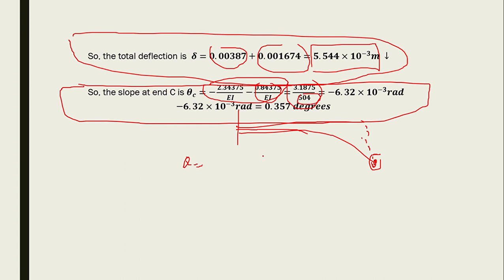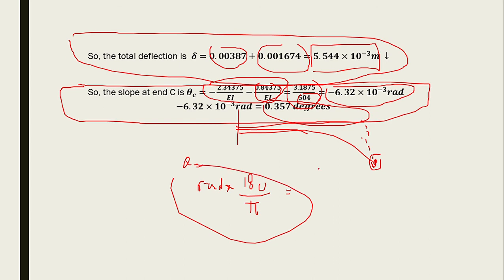So the total deflection is this, minus 6.32 times 10 to the power of minus 3, or if we convert it to degrees, it is around 2 degrees, rad times 180 over pi. We want to convert the radians to degrees. Okay, thank you. It's all for me.